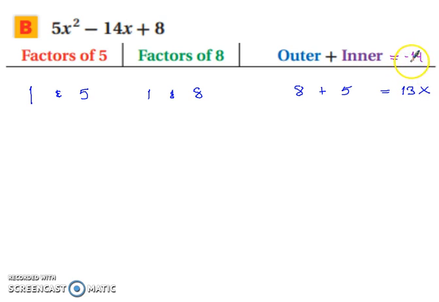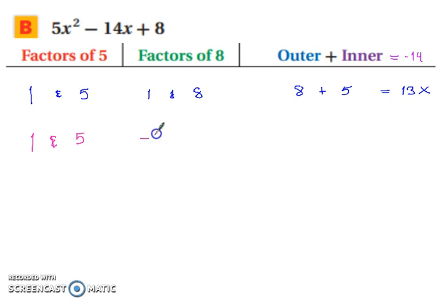That means that you should probably make sure that one of these things is going to end up being negative. However, can you make one of these terms negative and not the other? No, because then you wouldn't have a positive 8. So they would both have to be negative. Alright, so let's try it. So we have 1 and 5, since those are our only factors of 5 that we can work with.